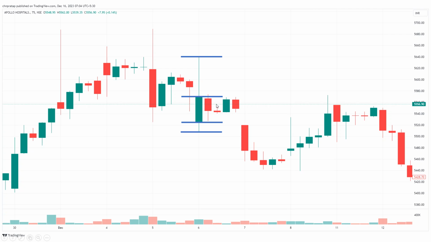And finally it closed here. So we have 4 important points we can observe in this particular candle: open, high, low and close, OHLC. In each of these points, how I am looking into this candle is very important.